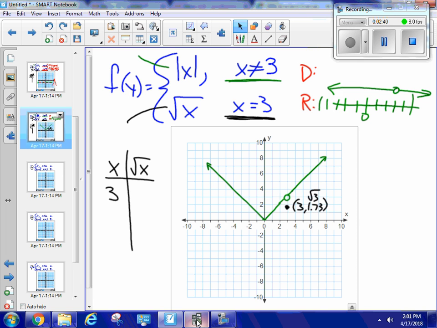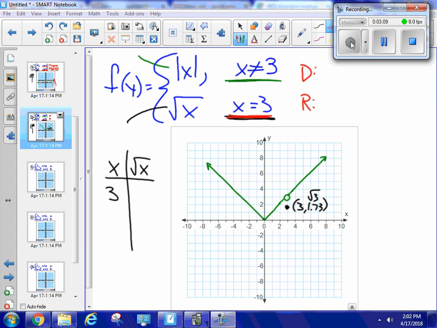So for my domain of this function, I didn't have a value in the first part for x equals 3, but I do have a value in the second part for x equals 3. So that actually fills in that open dot. So my domain, let's do this properly here.